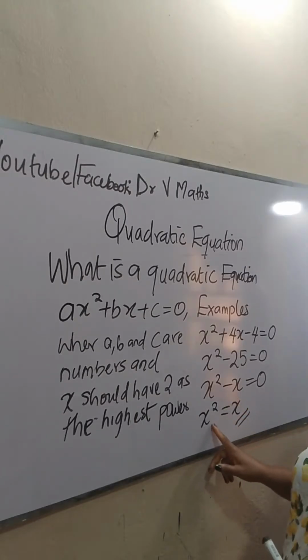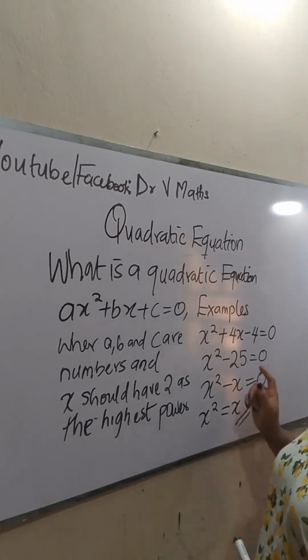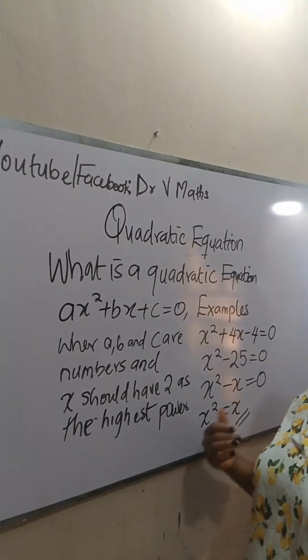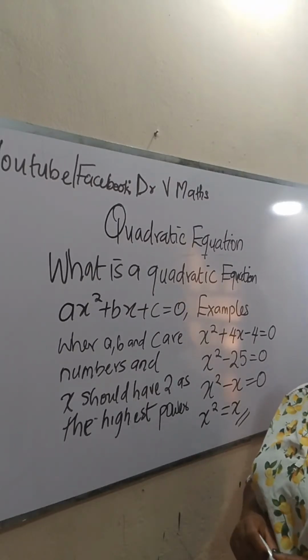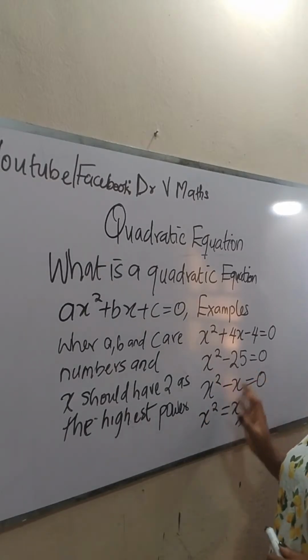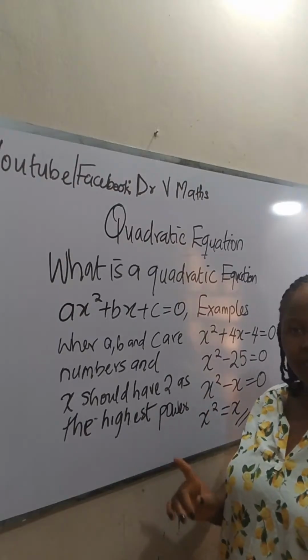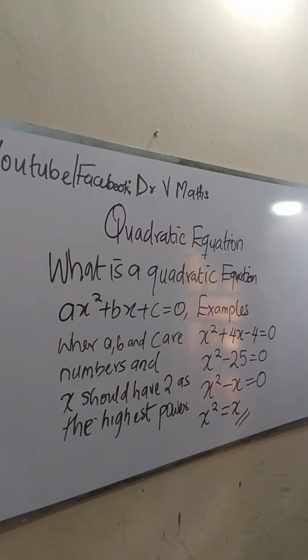Why I keep listing these is the mistake I see people make when solving quadratics. If you ask somebody to solve x squared minus 25 equals 0, they say the answer is 5. The answer is not just 5. This is a quadratic, and I want you to also know a quadratic must have 2 solutions.